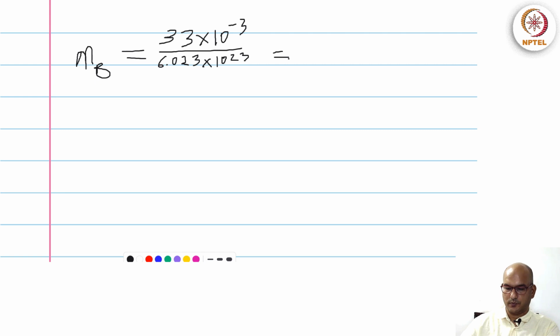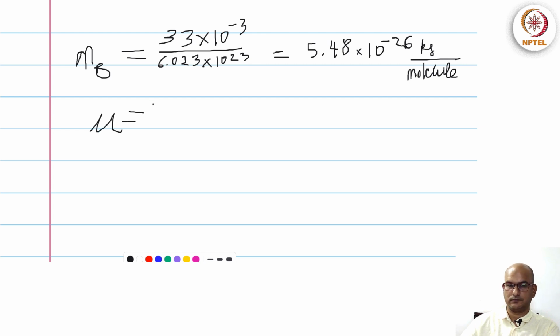So this comes out to be 5.48 into 10 to the power minus 26 kg per molecule. So now we have mu will be MA MB by MA plus MB.